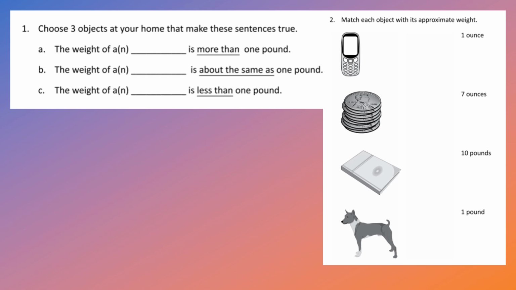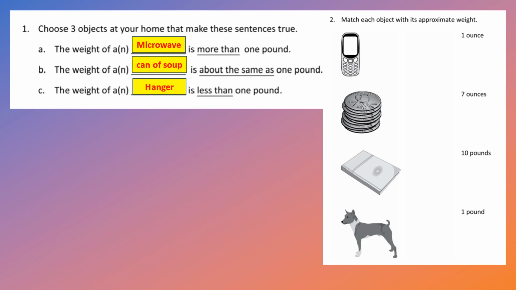For letter A, I said the weight of a microwave is more than 1 pound, which is true. For letter B, I said the weight of a can of soup is about the same as 1 pound. And for letter C, I said the weight of a hanger is less than 1 pound.